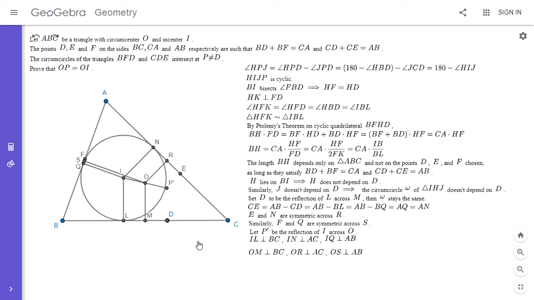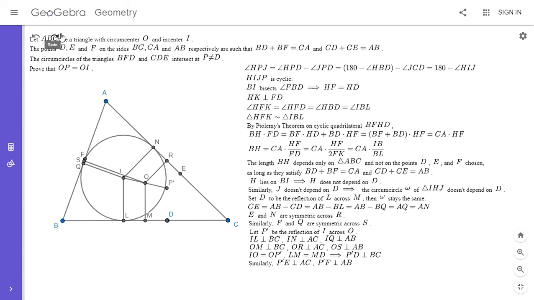And so by the way we define P prime, since P prime is a reflection of I over point O, and IO is equal to OP prime, since we also have LM is equal to MD, it's very clear to see from there that P prime D has to be perpendicular to BC. So the full proof would involve writing out proportions, but it's fairly easy to see.